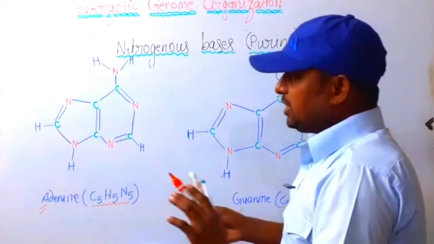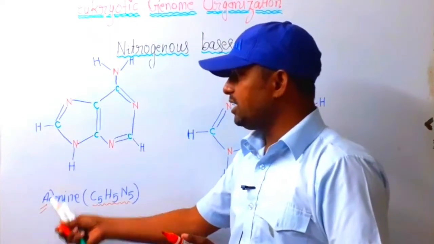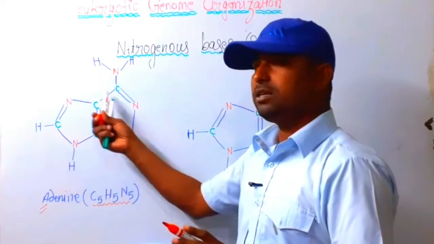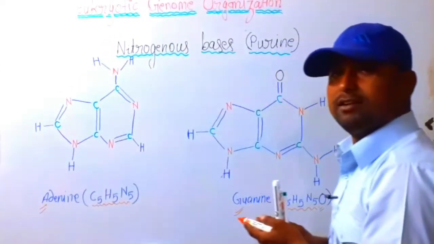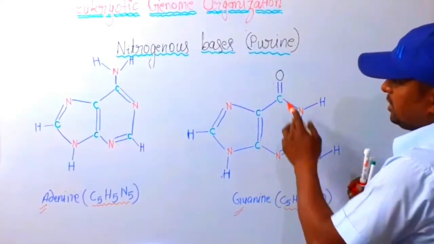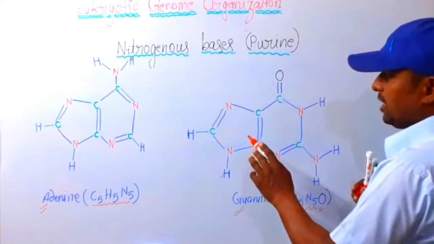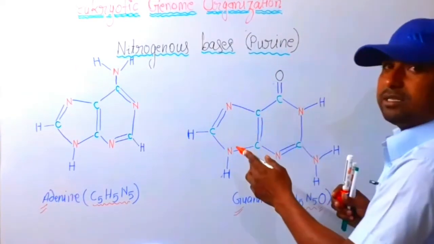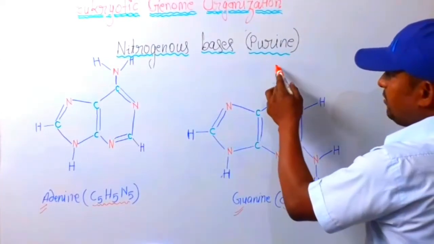As you see very clearly, adenine is a two-ringed structure, with the rings fused to each other. The same applies to guanine, but there is a little difference.